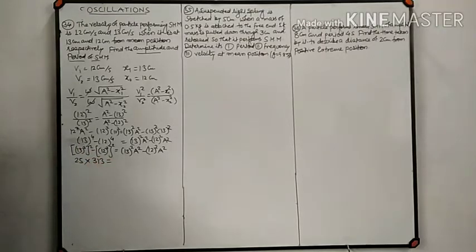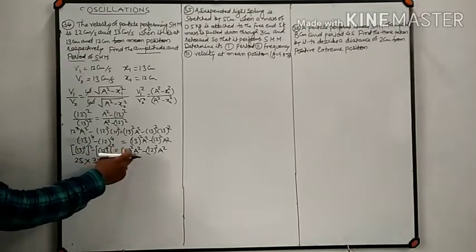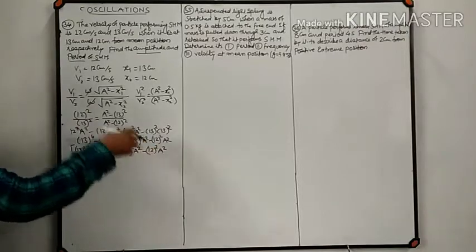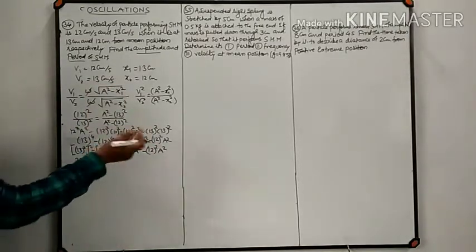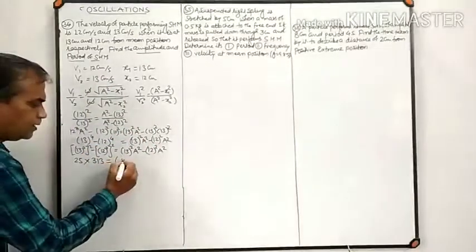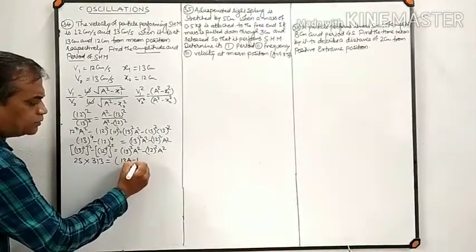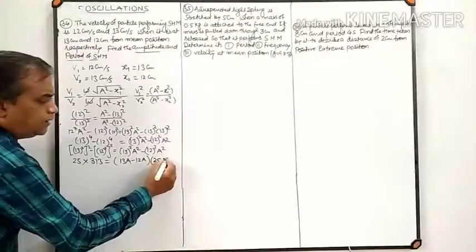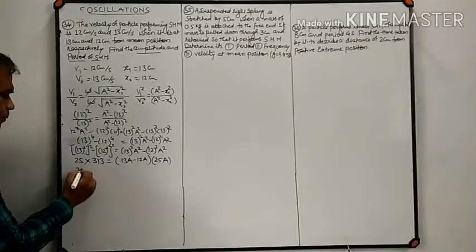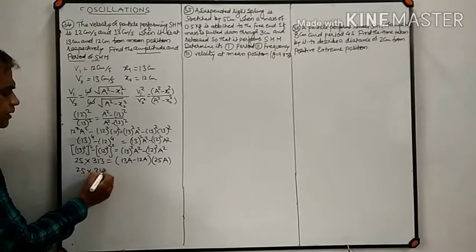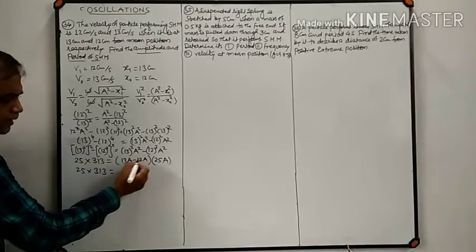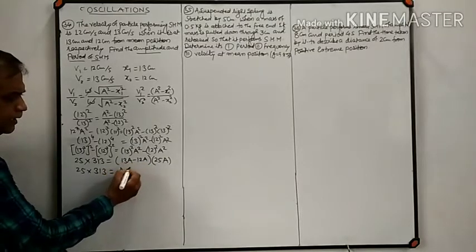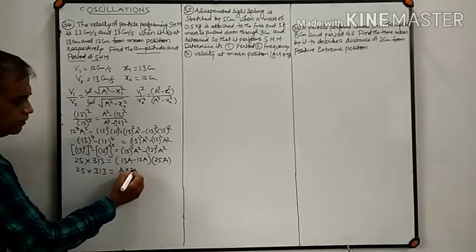And that is equal to, again here, (13a) whole square minus (12a) whole square. 13a whole square means a minus b: 13a minus 12a into 13a plus 12a, that is 25a. Difference and addition. So 25 into 313 is equal to this 13a minus 12a, which is a, into 25a.